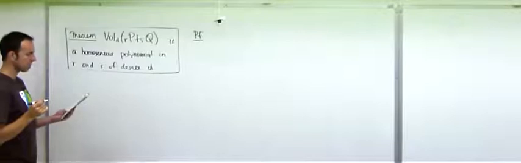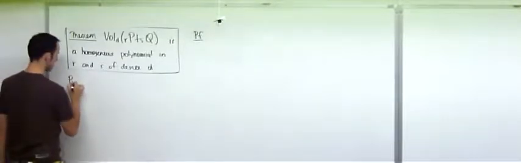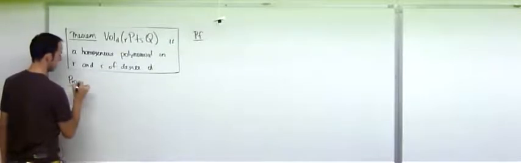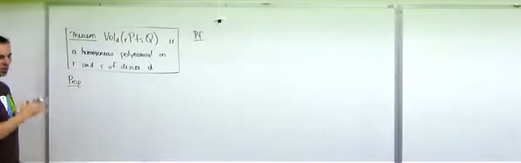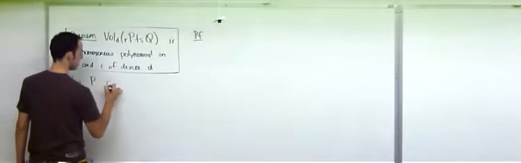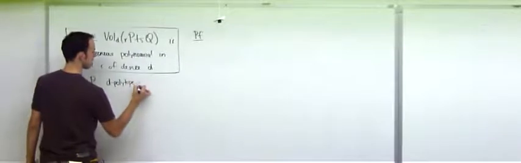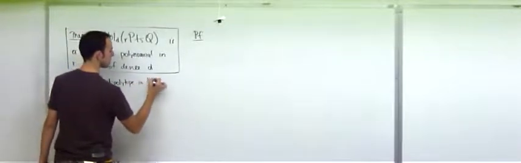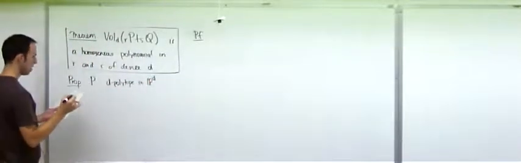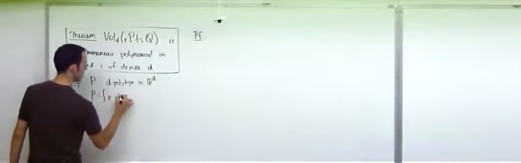But before I prove it, let me remind you of what we proved last time. It was a kind of an inductive formula to compute volumes. And it said that if you have P is a D polytope in RD, we said that P could be written like this.